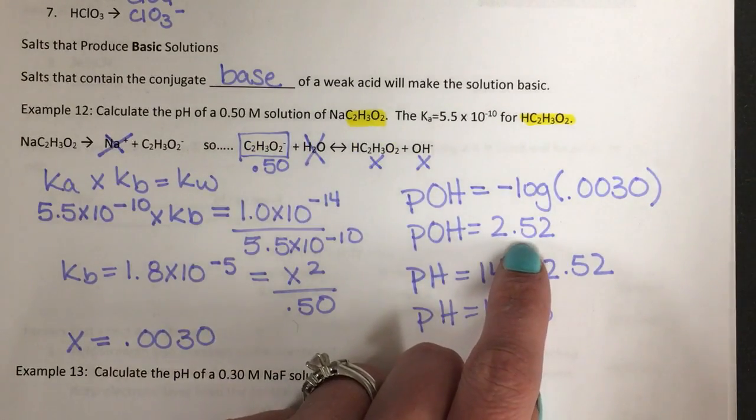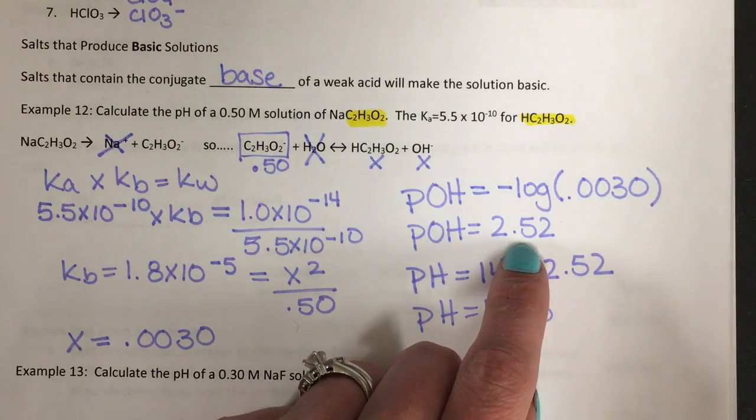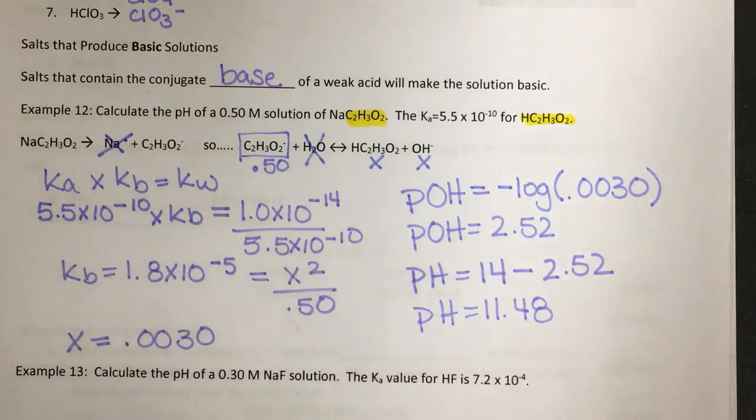The fact that this number isn't greater than 7 tells me that I'm not done with the calculation. It can't be the pH because it doesn't make sense. So always make sure you're checking that you know what you're solving for and that you're not confusing variables. Okay? So take a second and solve number 13.